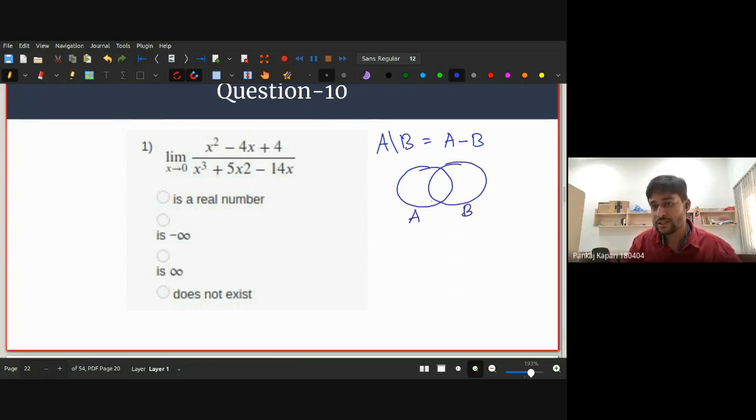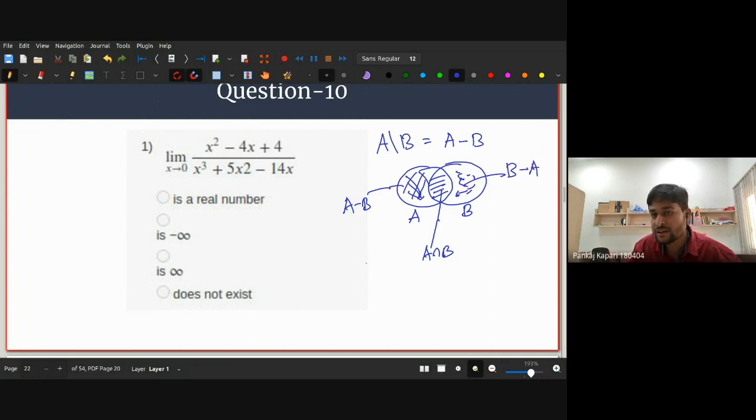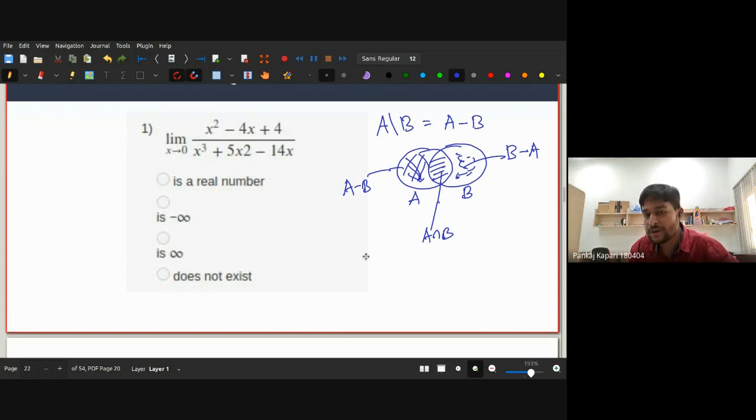If this is set a and another is set b, then this is the intersection, a intersection b, and this part we say is a minus b, because from a we have removed everything common with b. That means from a we are removing the intersection part, and this we call a minus b, and then this other part you will call b minus a.